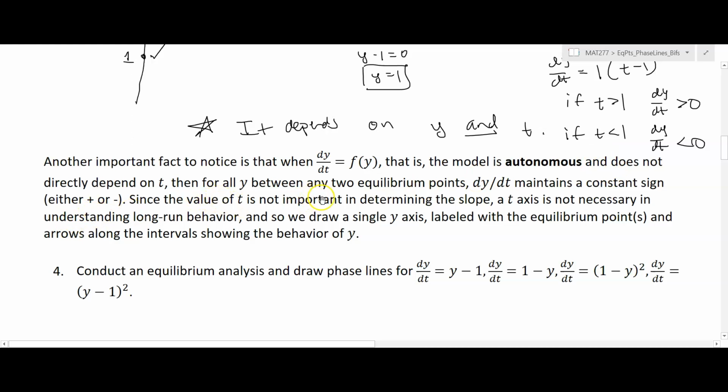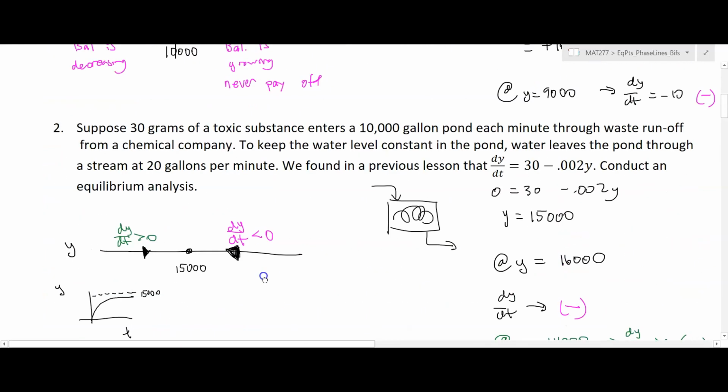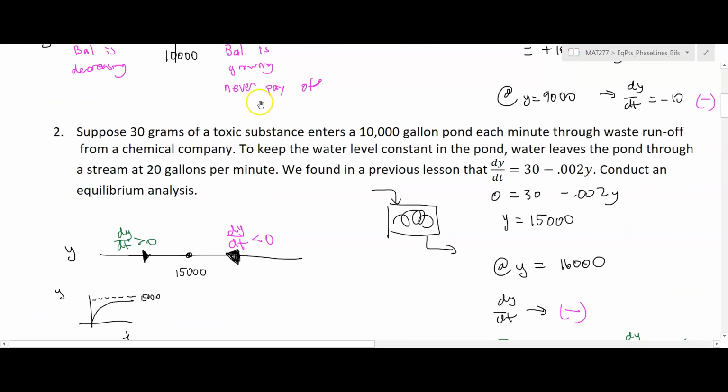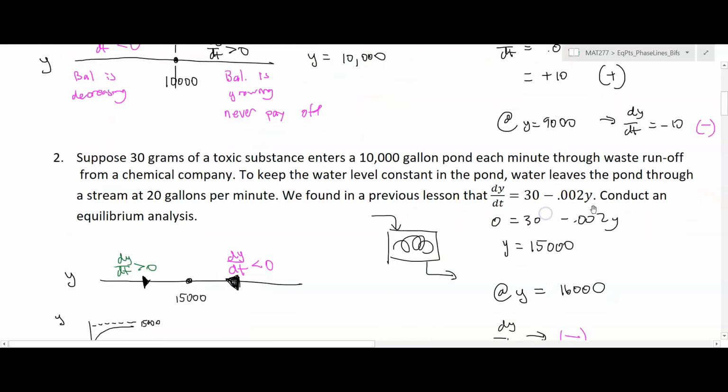Then for all y between any two equilibrium points, dy/dt maintains a constant sign, either positive or negative. So what I'm referring to here is back in problems 1 and 2, all we needed to know was the value of y, and that told us everything we needed to know in order to say dy/dt is positive or negative. Why? Because the right-hand side did not involve time. Same thing here. The right-hand side did not involve time.